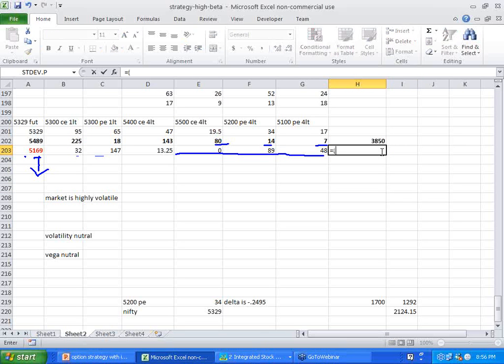If the same thing goes against us, what will be the liability? So we have bought, it has fallen. So this minus this one. Added with, we have sold, this is a profitable position. So this minus this.